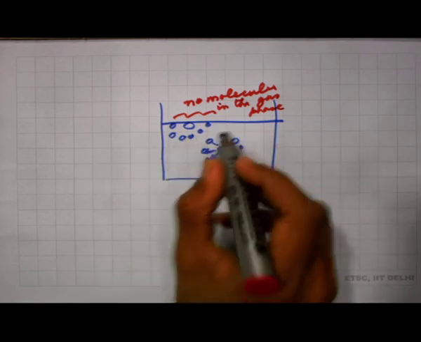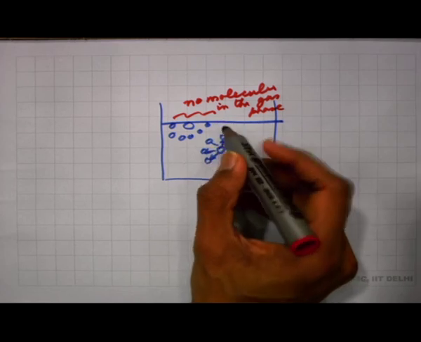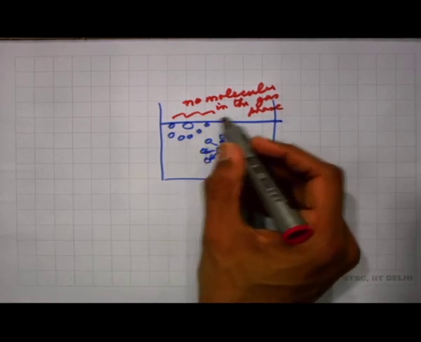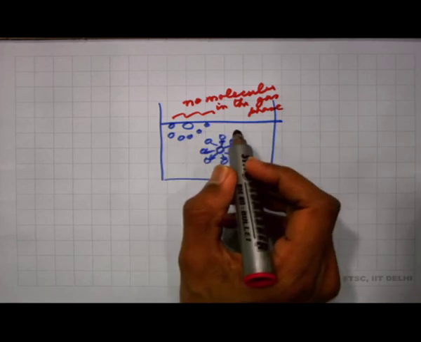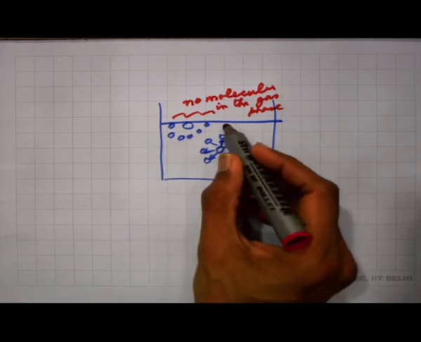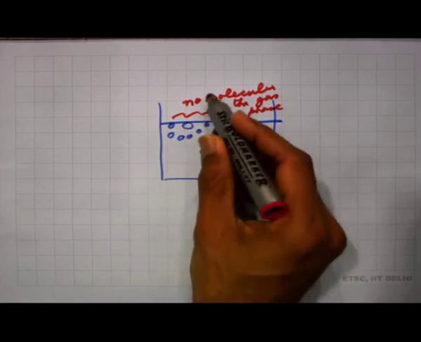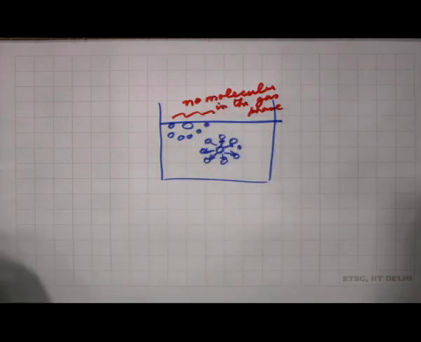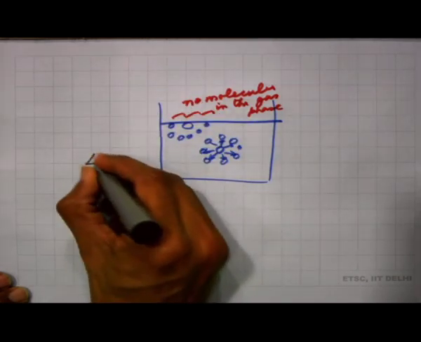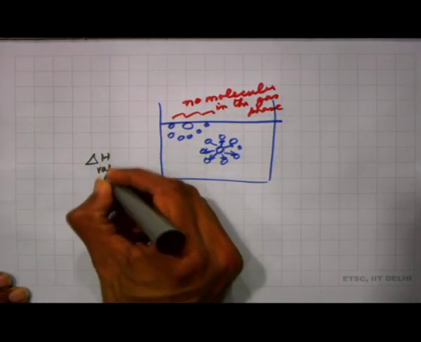So, the surface tension, you would imagine, arises as a result of this, and you can get a rough estimate of it. If you have to evaporate, the energy related to evaporation is called delta H of vaporization.